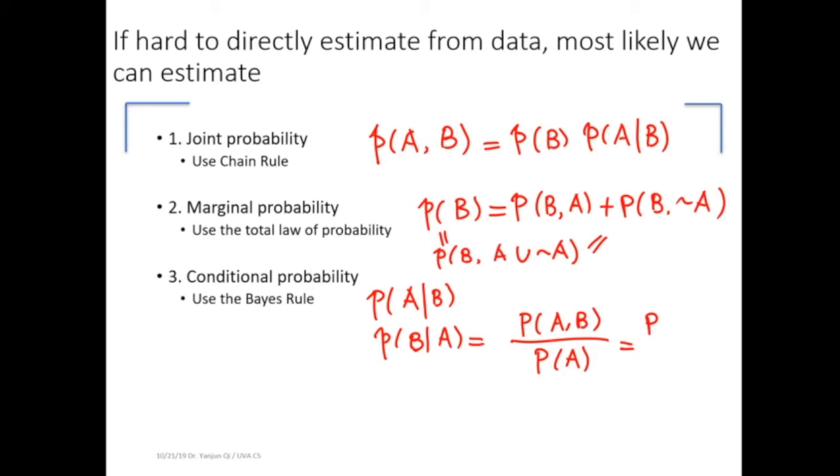So if P(A given B) is... and this is normally what you learn, I think, from the way Bayes' rule is introduced.